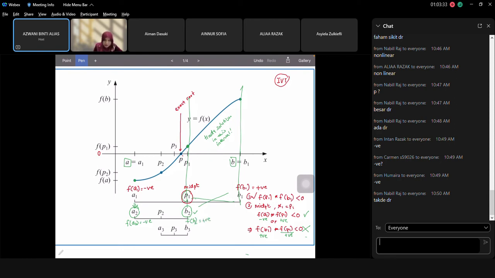So this satisfied. Okay, dah satisfied. Cari the midpoint between two. Dapat P2 kat sini. Okay, now kita nak consider. Nak ambil interval ni ke nak ambil interval ni? Dia check lah. Dia check FP2 ni positif ke negatif? FP2 ni positif ke negatif?